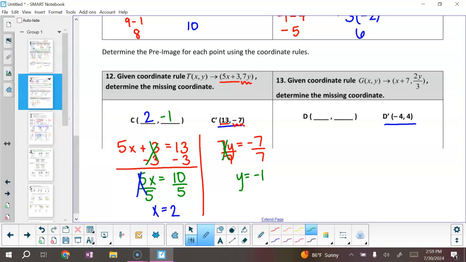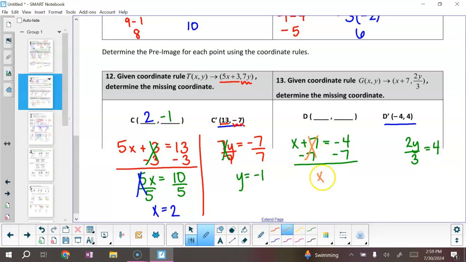If you need more time, just pause this video and then hit play when you're ready to go on. So you should have taken the x plus 7, set that equal to negative 4. And then for the other rule, you should have set 2y over 3 equal to a positive 4. To solve the first one, you just need to subtract 7.